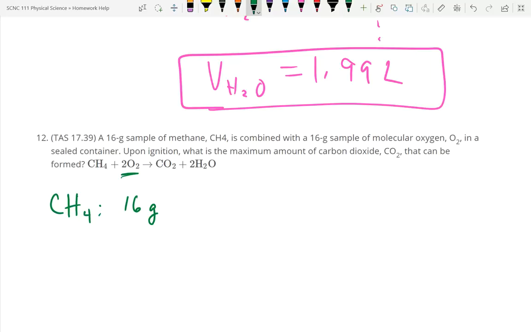If I want to find how many moles, how do I go from mass to moles? So I get the molecular mass for CH4. That's going to be the mass of 1 carbon plus the mass of how many hydrogens?